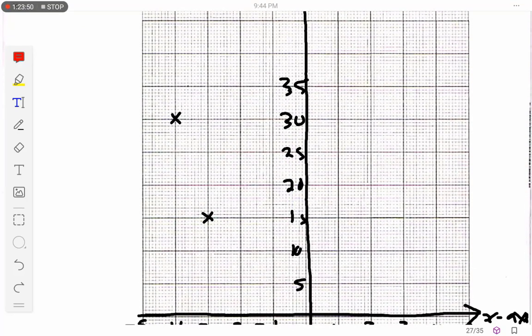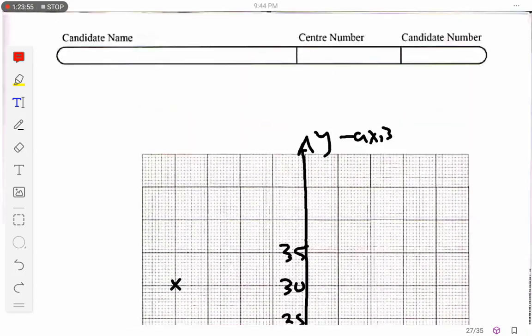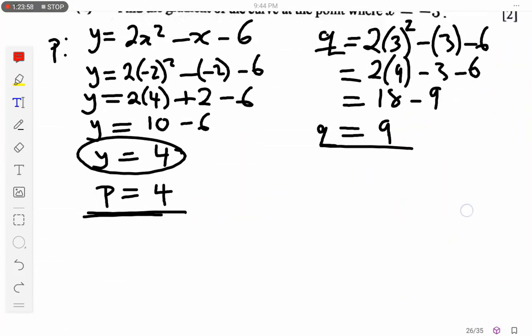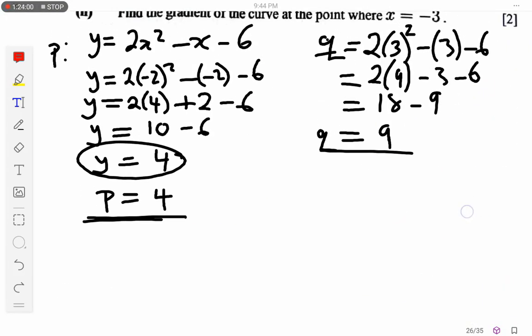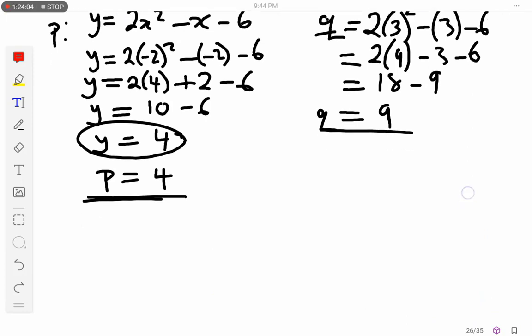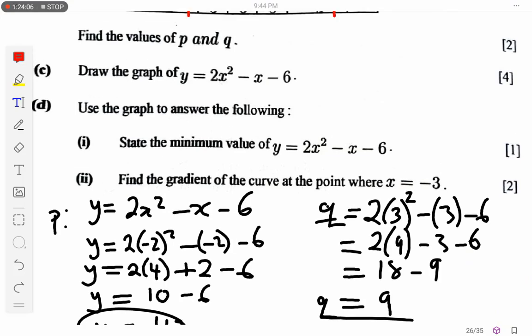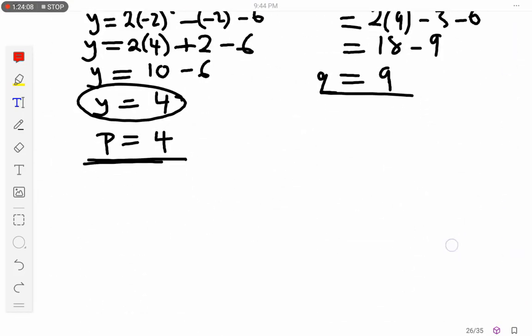Let me just confirm something. Okay, confirmed. So we are drawing now -2 and a 4.